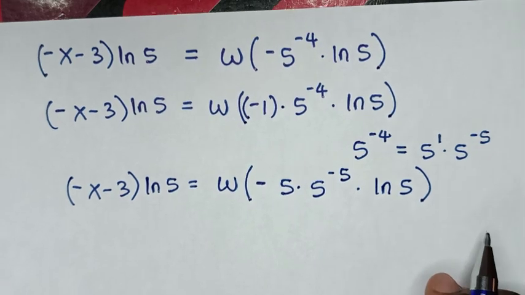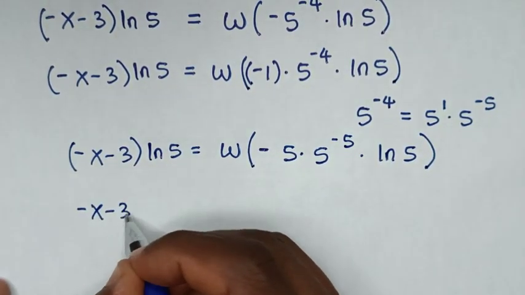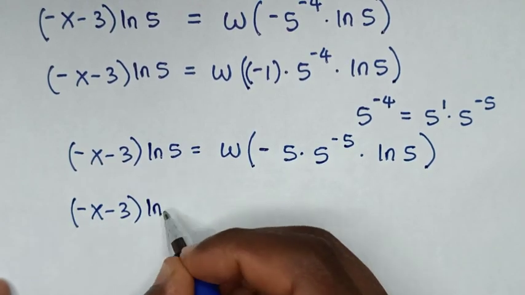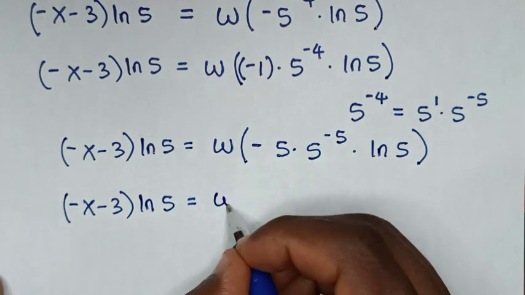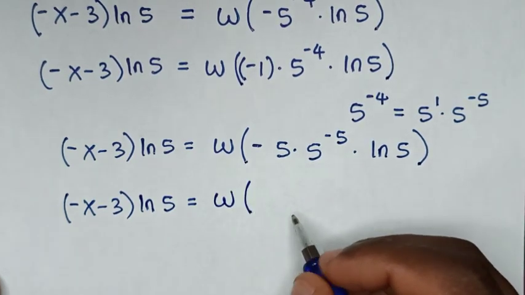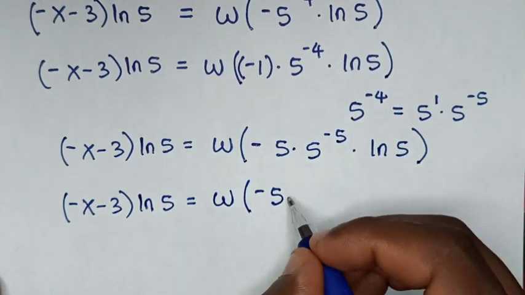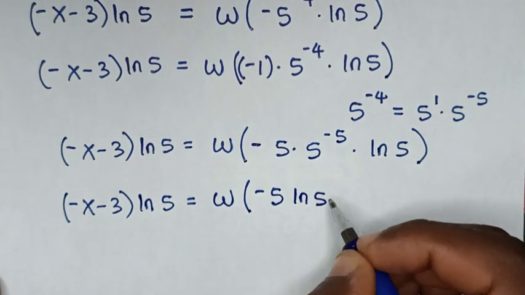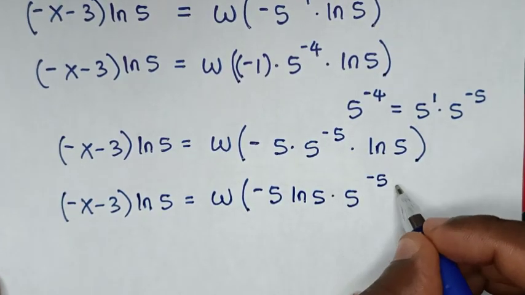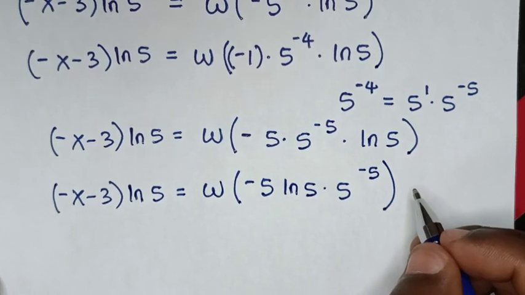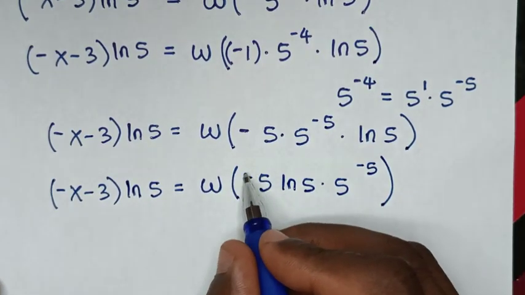Then in the next step it will be (-x - 3)(-ln 5) is equal to W of (-5), we take this ln 5 in here before, it will be ln 5 times this 5 to the power of -5.